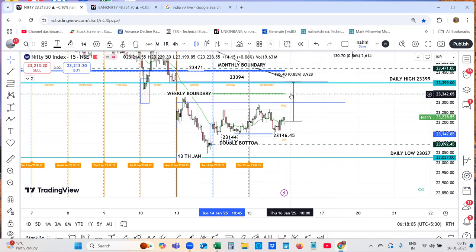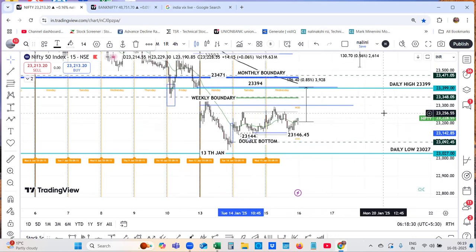Since they are taking the liquidity above this level, the sellers' liquidity, and coming back and taking the liquidity beneath, the buyers' liquidity, these are the buyers' stop losses, then the market may find direction or reversal.